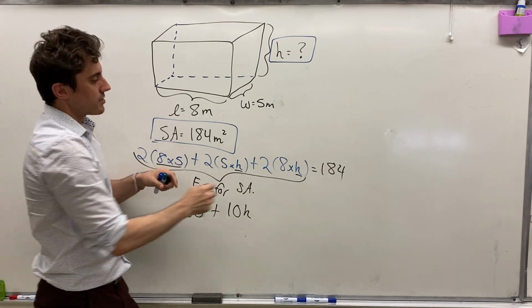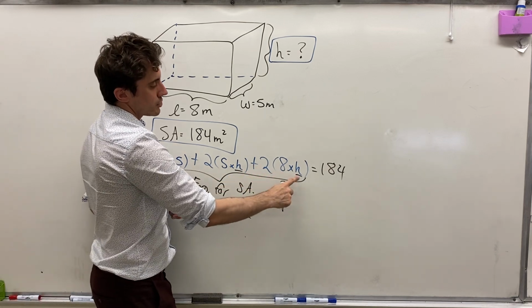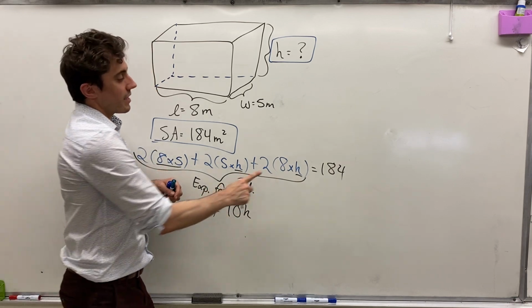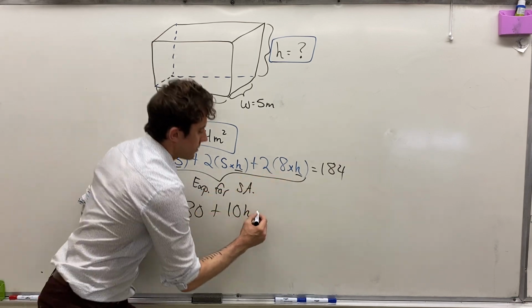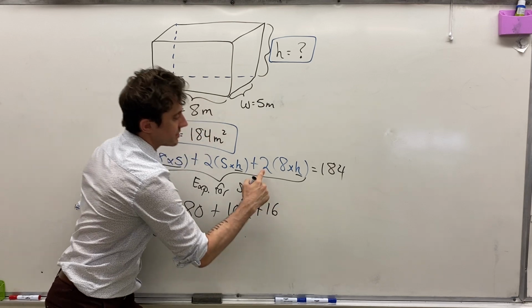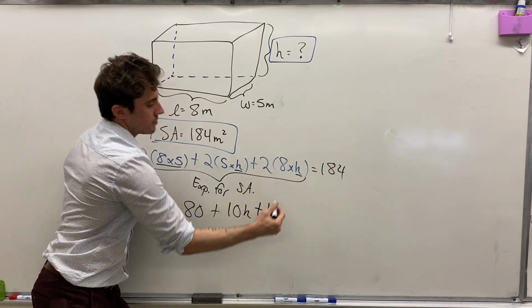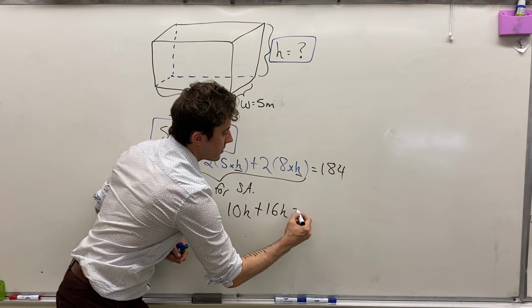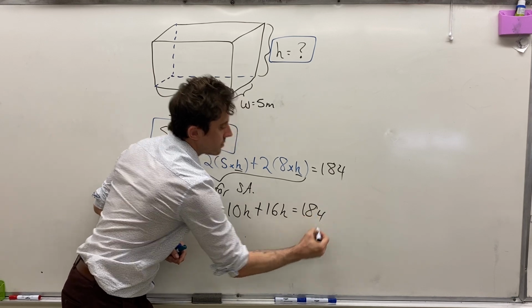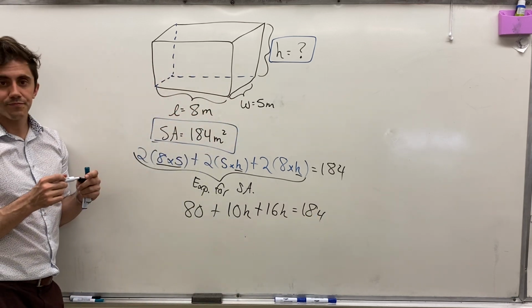And then likewise for our third term, 8 times h, we can write as 8h, and 2 of those provides us with 16h because of 2 times 8. And now we have our equation equals 184, okay?